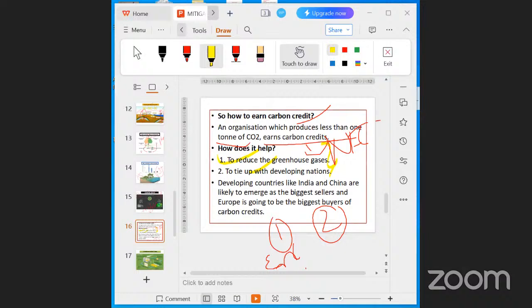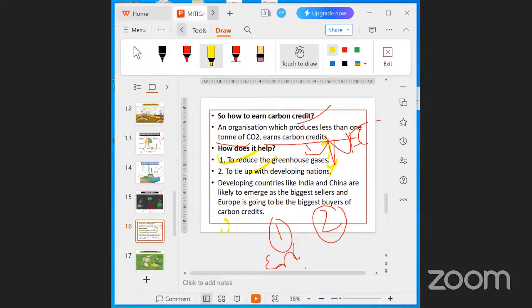Basically, you can understand this example by the developed countries and developing countries. Developed countries emit a lot of carbon dioxide because of the large number of industries present there, right? But in developing countries, there will be fewer industries, and hence carbon emissions will also be automatically less, right?